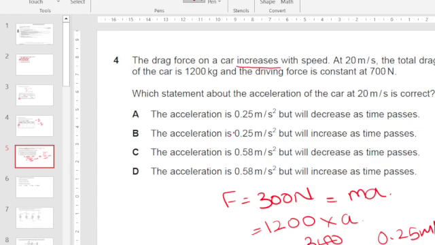There are two options, option A or B. It's clearly given the drag force increases, hence the driving force will be decreasing. Option A is the correct option. Acceleration we got 0.25 meter per second square. As the drag force increases, the driving force decreases. Option A is the correct option.